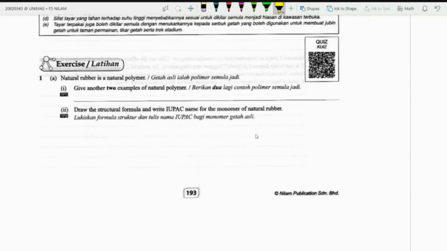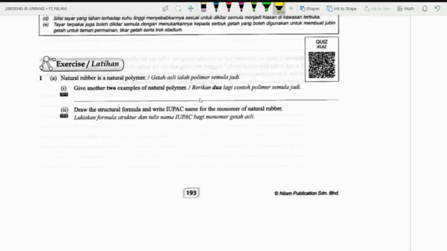Cellulose, correct. Isoprene, which is a natural rubber. Hair. Any other answer? No. So you can choose any two.